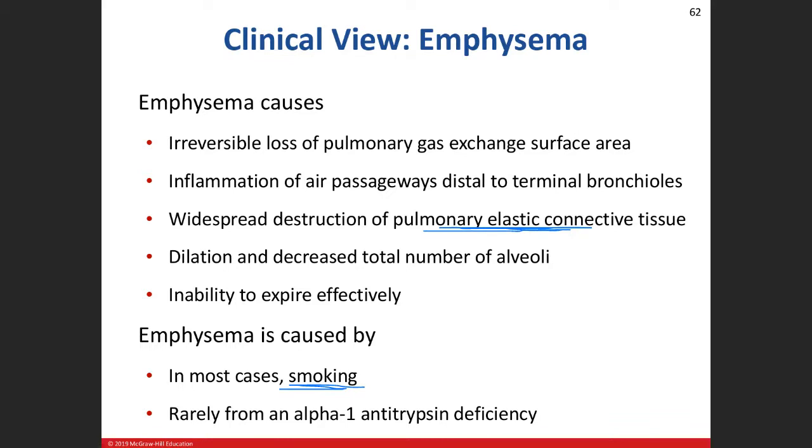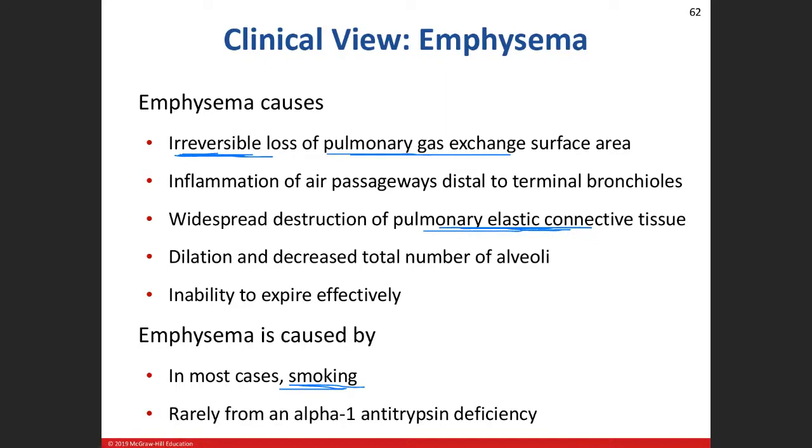So if we start to decrease that, then they can't return back to their original size, and we can't clear as much air out of our lungs. One, there's a problem with this because it's irreversible. And now we've just lost a huge area for respiratory gas exchange. So that's bad.